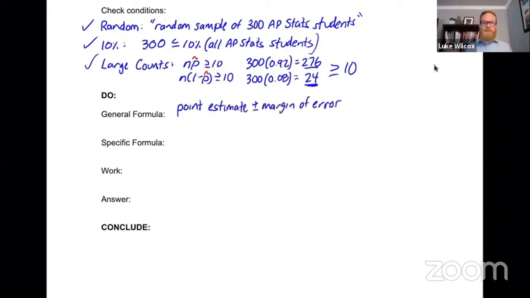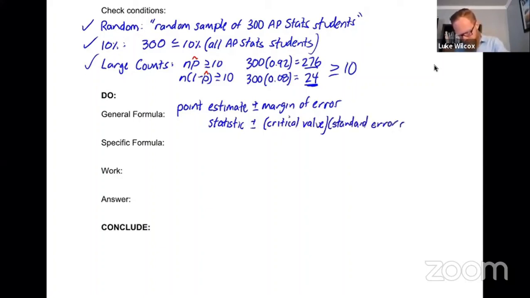Now, there is another general formula that's given to you on the formula sheet for the AP exam, and it looks like this. Statistic plus or minus. Now, they're going to break the margin of error down into its two components, which is the critical value multiplied by the standard error of the statistic. Now, we would like to be able to make this a specific formula for when you are trying to estimate a single proportion.